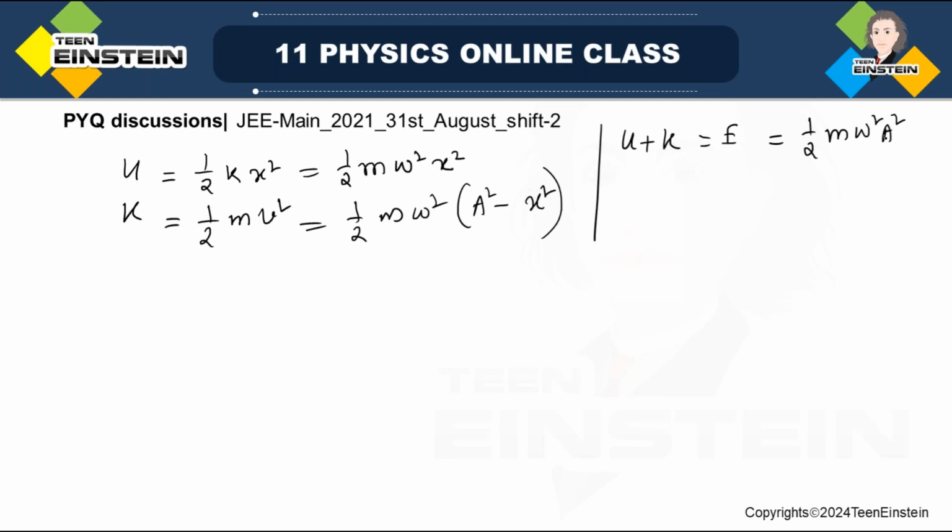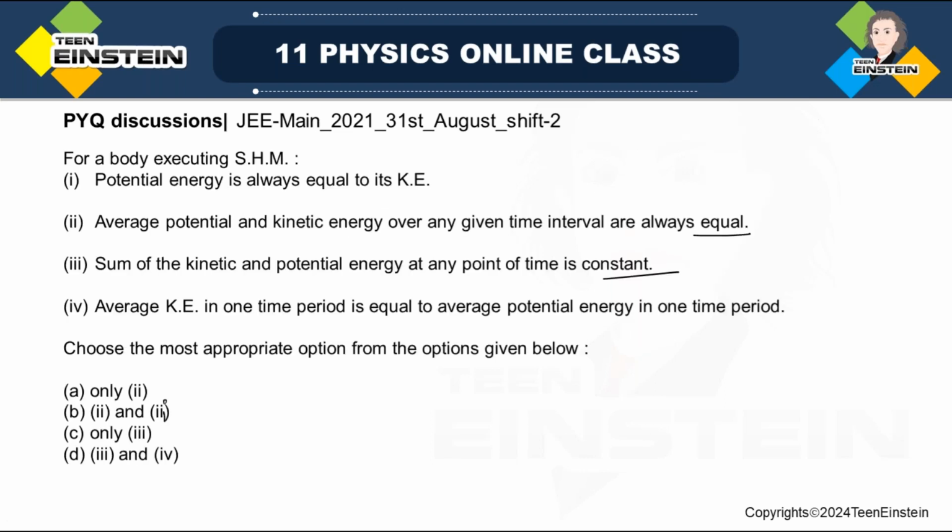A is the amplitude, the maximum displacement, that is a constant quantity. m is a constant quantity. Omega, the angular frequency, is also constant. So the total energy at any instant of time will be constant. The sum of U and K will be constant. That option is correct. So the sum of kinetic energy and potential energy at any point of time is constant.